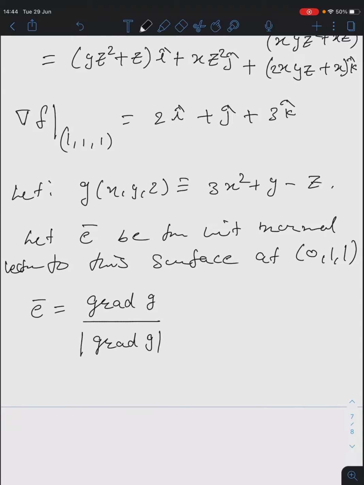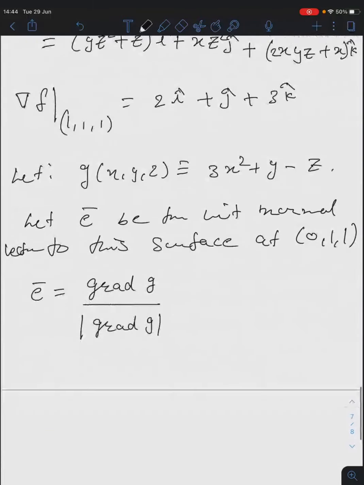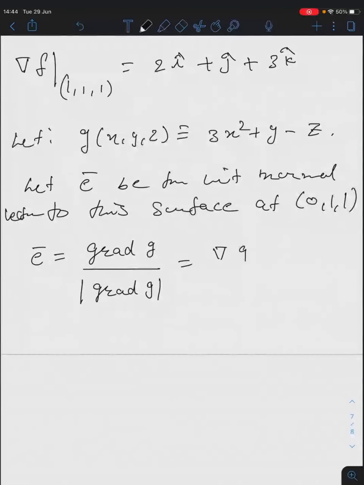Understood how you will calculate when a surface is given to you? You cannot cancel them, both are different things. The denominator is a scalar value, the numerator is a vector you are going to get. At the particular point 0, 1, 1. So what is del g?